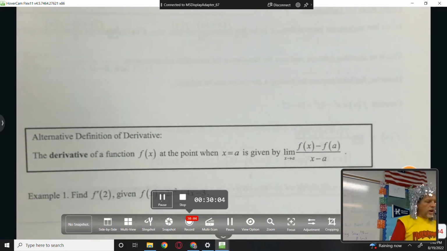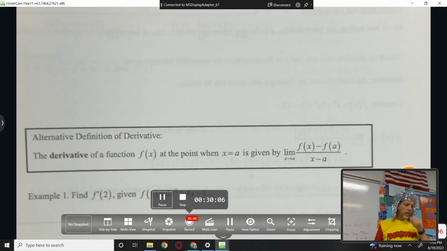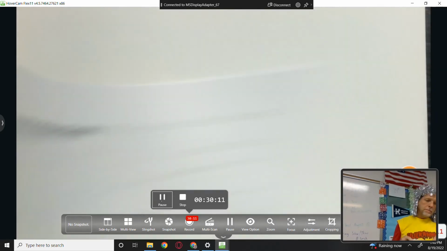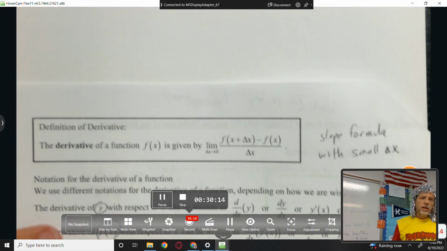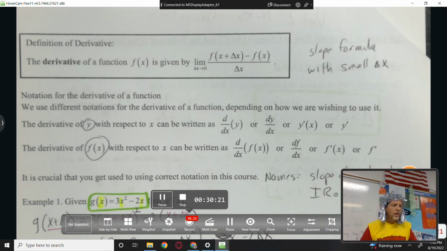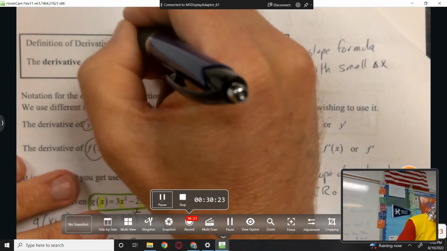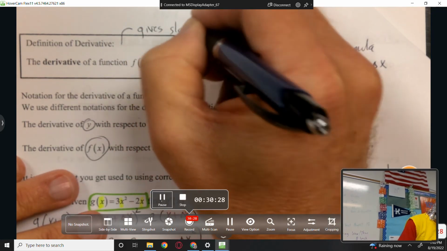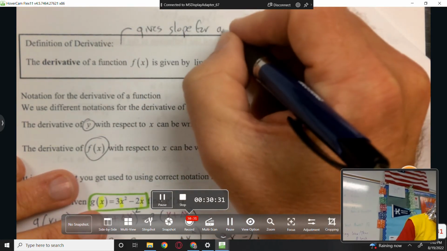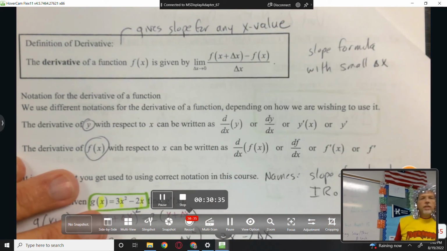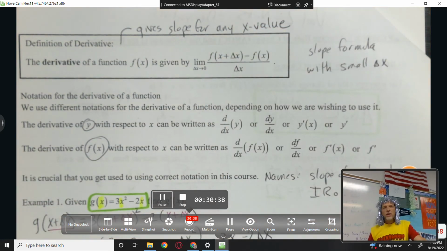All right, alternative form of a definition. Back up, because I need to contrast definition versus alternative form so that you know when to use each one. So back up to the original definition. The definition gives you the slope for any x value.